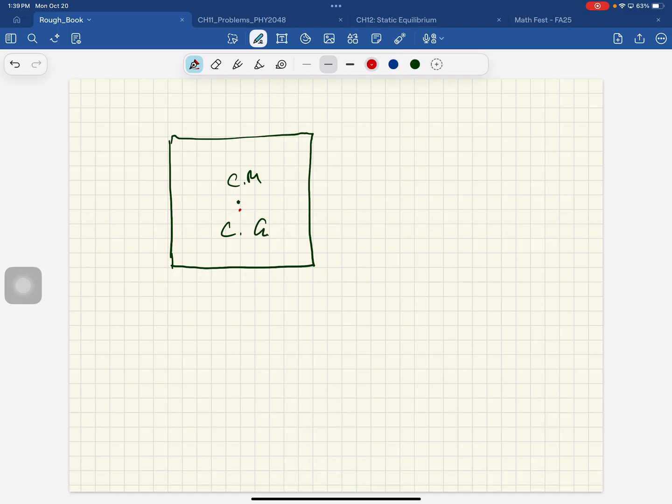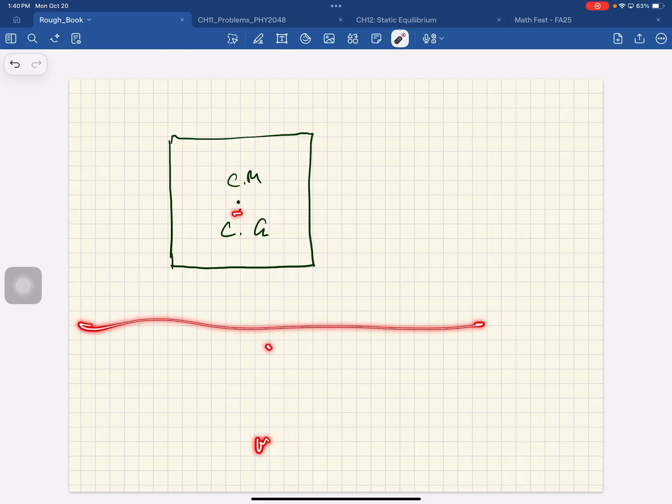Only for very, very huge structures will the center of gravity and center of mass be different. And the center of gravity will, of course, be closer to the center of the earth. But for most man-made structures, the center of gravity and the center of mass will be the same point.